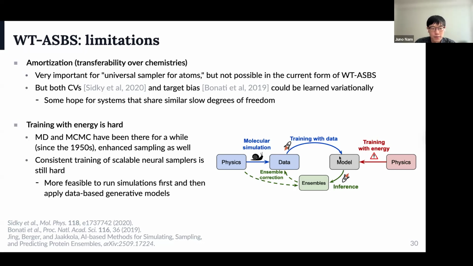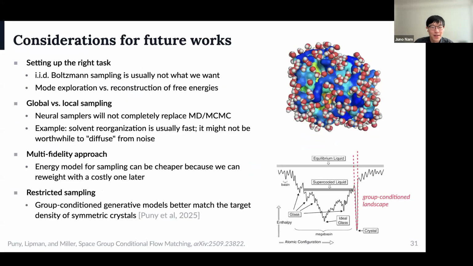I think it's partially because molecular simulation has been around for a while, so we know all the hyperparameters, and that is efficient for sampling, along with all the tips and tricks for data generation. But we still haven't figured out how to consistently train a scalable neural sampler in chemistry yet. So that's also a major bottleneck if we want to apply this to actual chemistry applications.